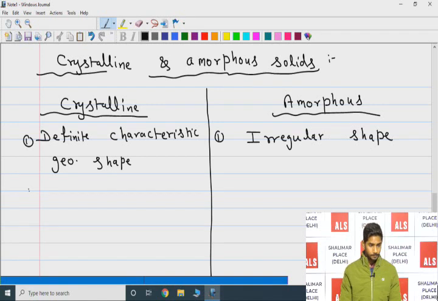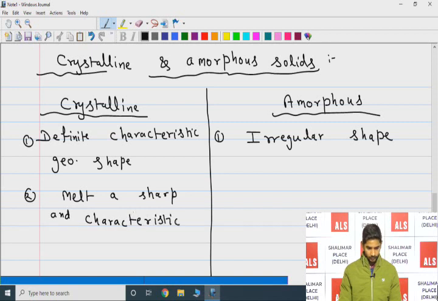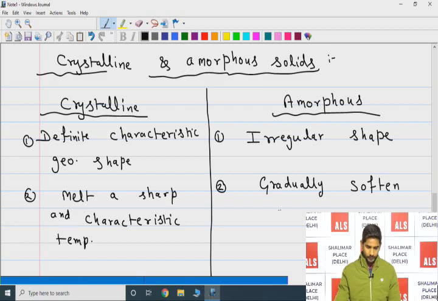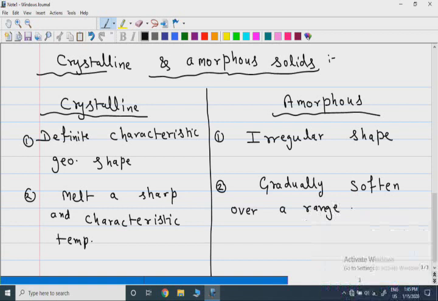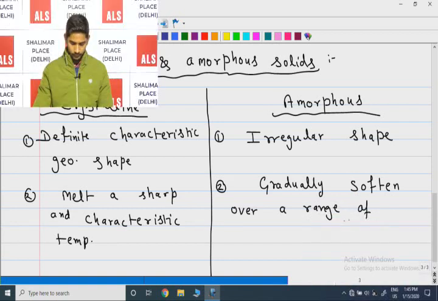Number 2: crystalline solids melt at a sharp and characteristic temperature, whereas in this case amorphous solids gradually soften over a range of temperature.